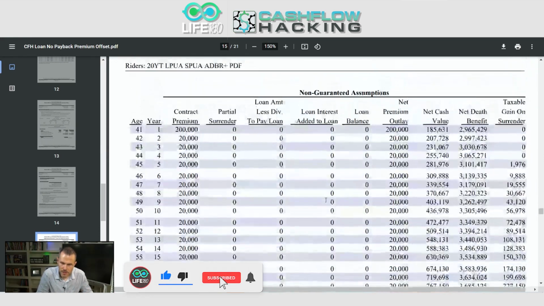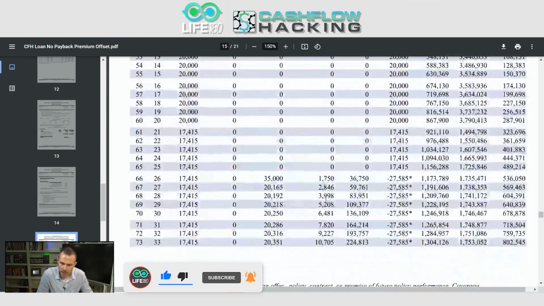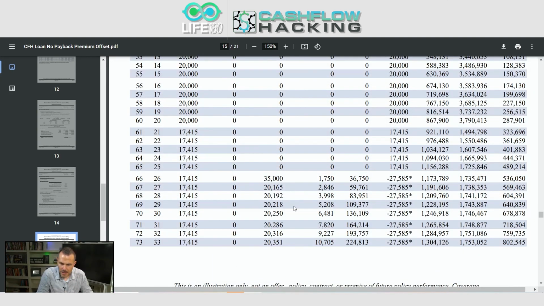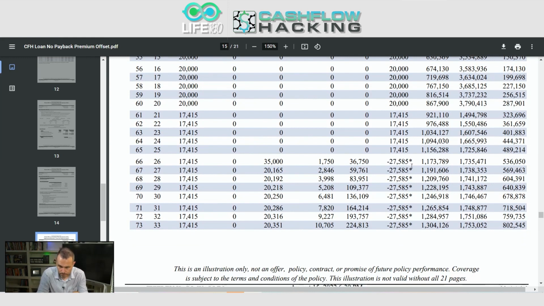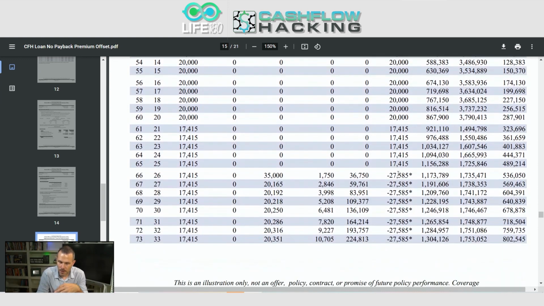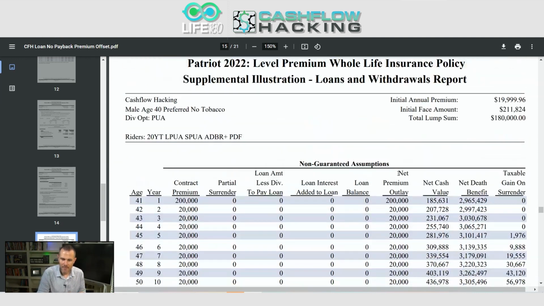Okay, so you can see here the net premium outlay, negative 27,000, it's growing. You're able to pull the 35,000 out. You don't have to worry about it. After the growth, after all is said and done, it's growing by negative $27,585, that's your net premium outlay, because you're actually pulling profit from it after everything is said and done.